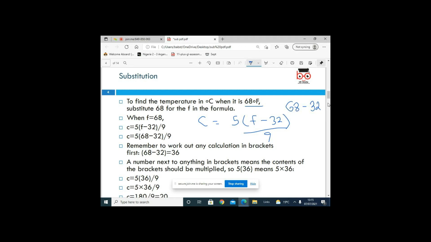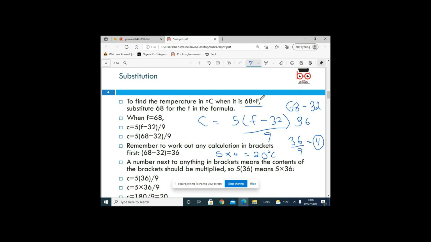That gives you 36. Now 36 divided by 9. 3 times 4 is 36, so that's 4. Then you multiply that 4 by the 5 outside. 5 times 4 is 20 degrees Celsius. So when it's 68 degrees Fahrenheit, it's 20 degrees Celsius.